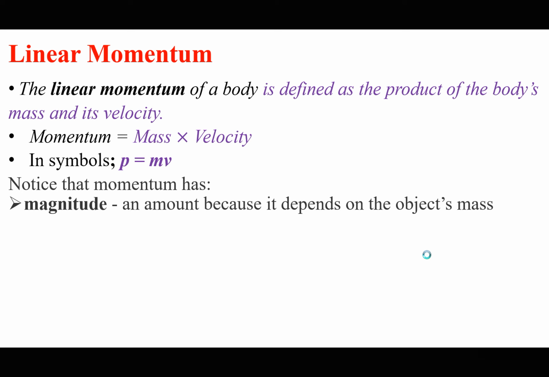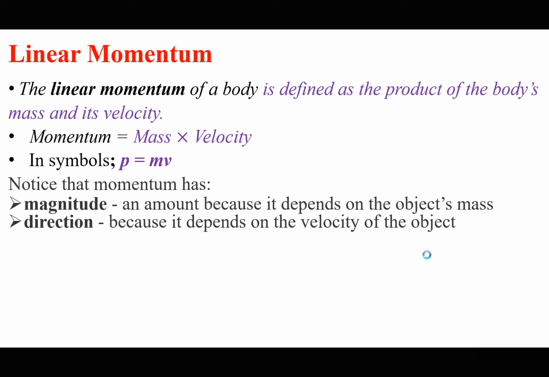So momentum has magnitude, that is an amount, because it depends on the mass of the object. So it has a magnitude, which is a size, that is a number which has a unit. However, momentum is a vector quantity, it has even direction, and the direction of the momentum cannot depend on the mass because mass has no direction.